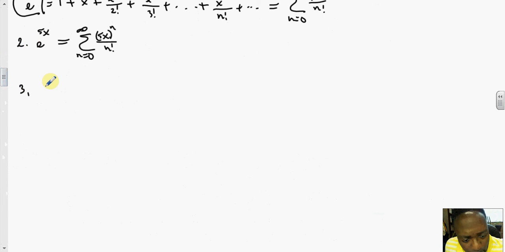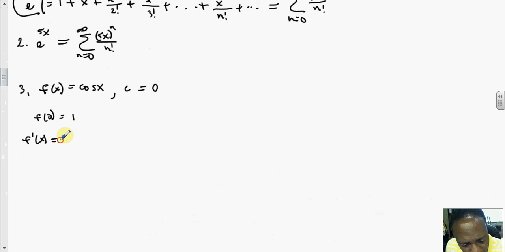Interesting. What about f of x equals cosine x here at c equal to 0? So f of 0 is equal to 1. F prime of x is equal to negative sine x. F double prime of x is equal to negative cosine x.